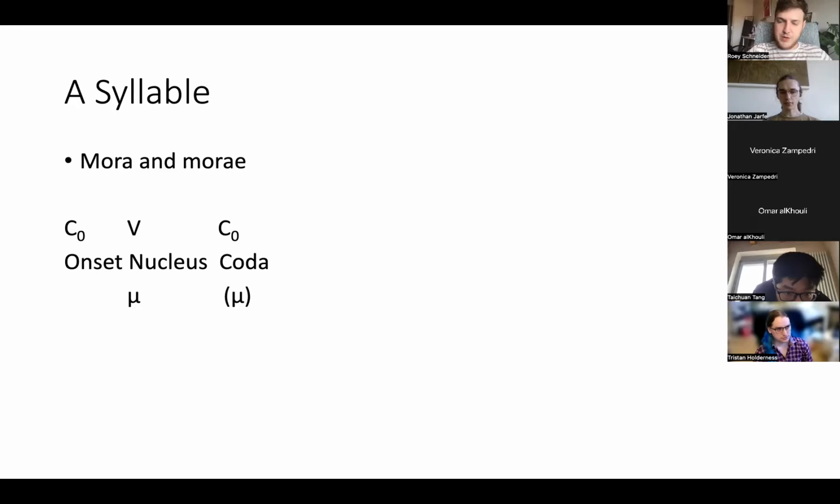So a syllable with 1 mora is a light syllable. A syllable with more than 1 mora is a heavy syllable. A syllable with 3 moras, for example, if a language has moraic coda and a cluster for a coda, so VCCC or something like that, that would be an ultra heavy syllable or something like that. Was that clear?